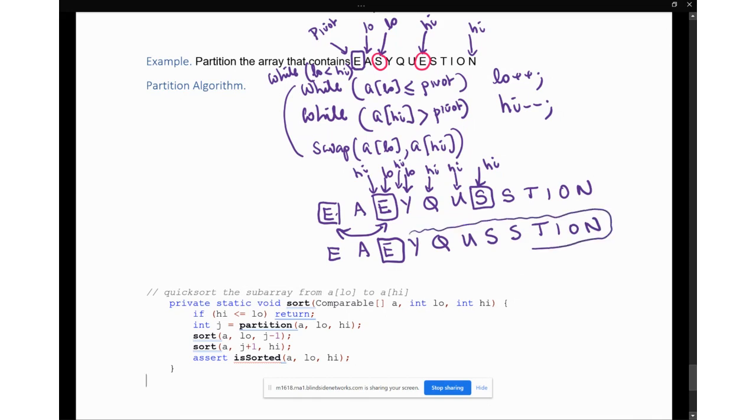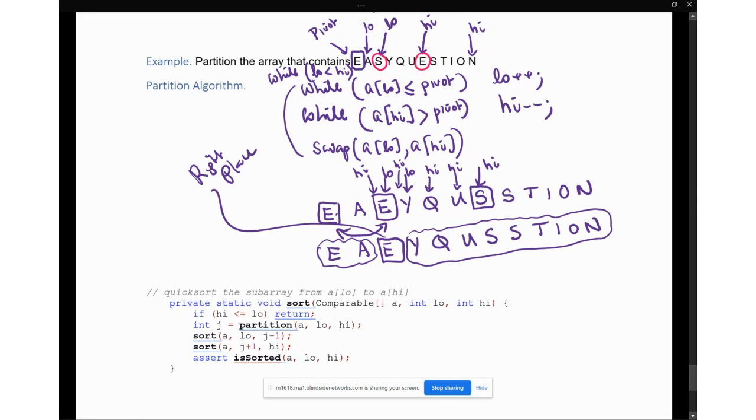So what you see is this portion is not sorted. This portion is not sorted, but the E is in the right place. That means we don't have to touch that E again. And we can now focus on the left half and the right half.